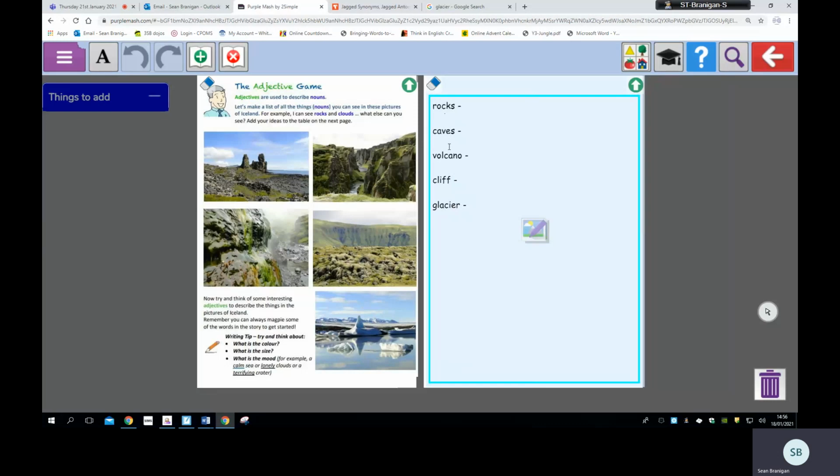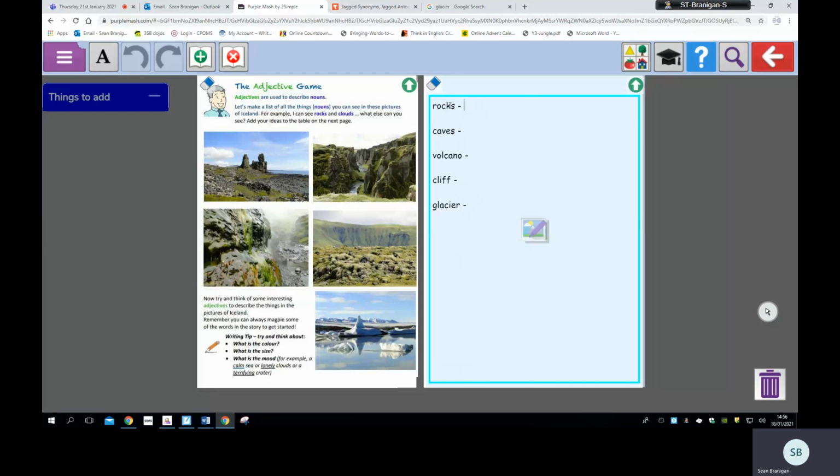Now, 5 words. I want you to do 5 nouns today. Now, you can change these nouns if you want to. Just delete them and then type in your own. But what I want you to do is pick 5 nouns. You can use the ones I've got if you want. And then I want you to come up with adjectives to describe these nouns. So an adjective is a word that describes.